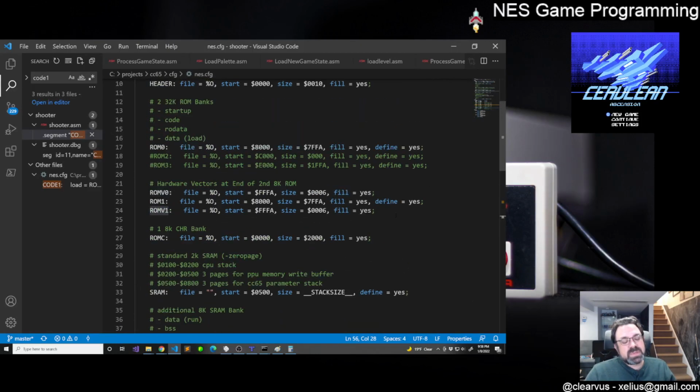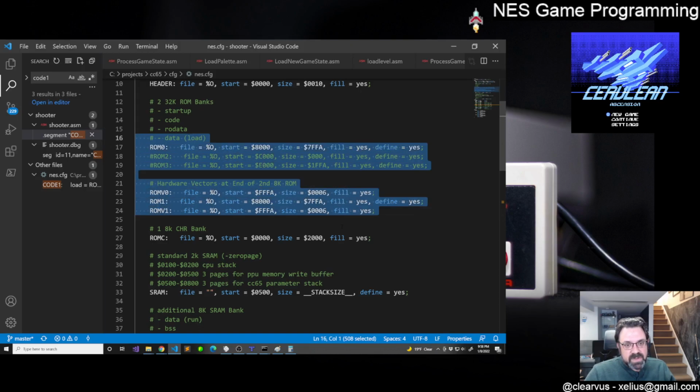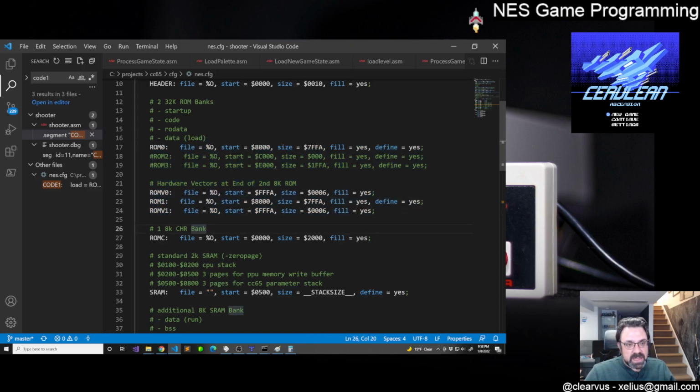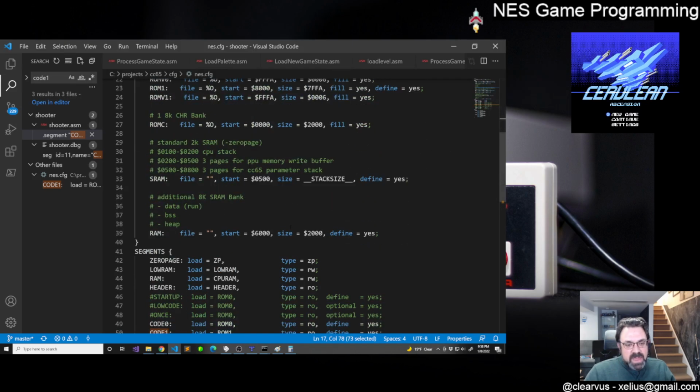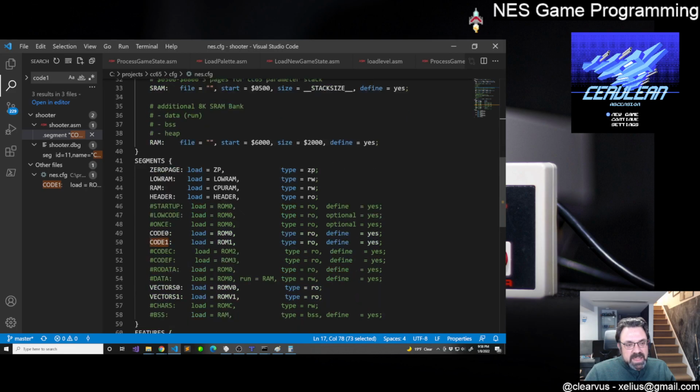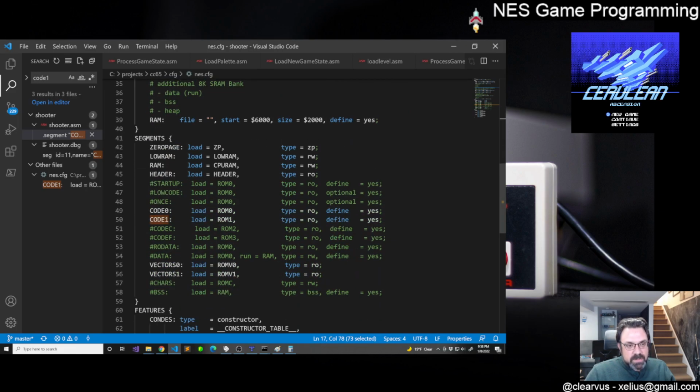But anyway, you have to configure it. It's different in CA65. You're actually configuring it in this configuration file and laying it out, saying I've got this bank, it's this size, it starts at this location. And then you have these segments in the order in which they need to appear in the ROM. So you've got your zero page, which is your memory. That doesn't appear in the ROM, obviously, because that's a RAM thing. This is more RAM. This is more RAM.